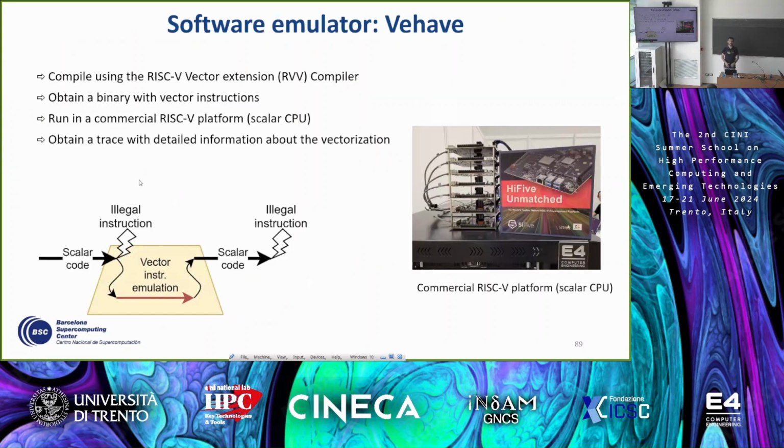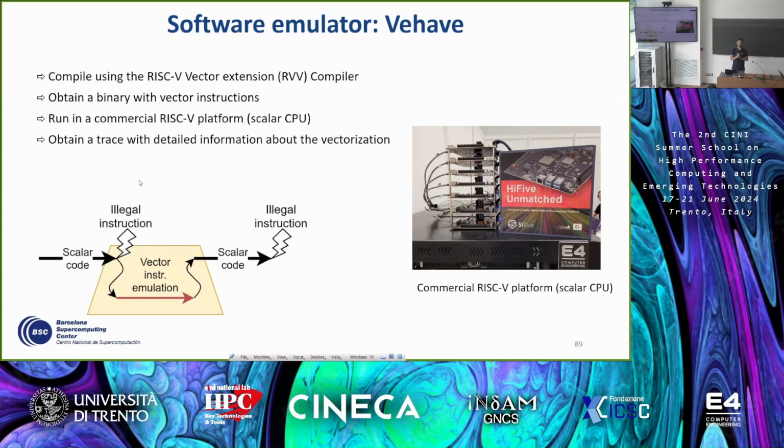On the scalar nodes, we have an emulator. So if you have a binary with vector instructions and you run it on a scalar machine, what will happen? I compile and enable auto-vectorization, then I run it on a scalar CPU.